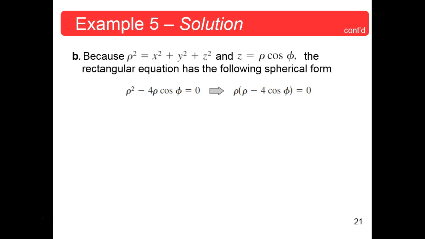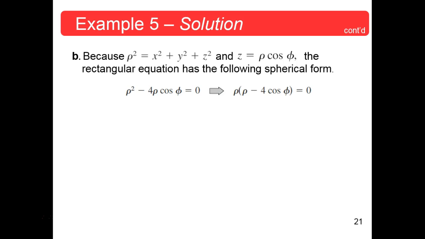All right, now this one. Like I said, the rho squared is pretty obvious. And z was rho cosine phi. So that gave you rho squared where you had x squared plus y squared, and then minus 4 times z, with z being rho cosine phi, equal to 0.